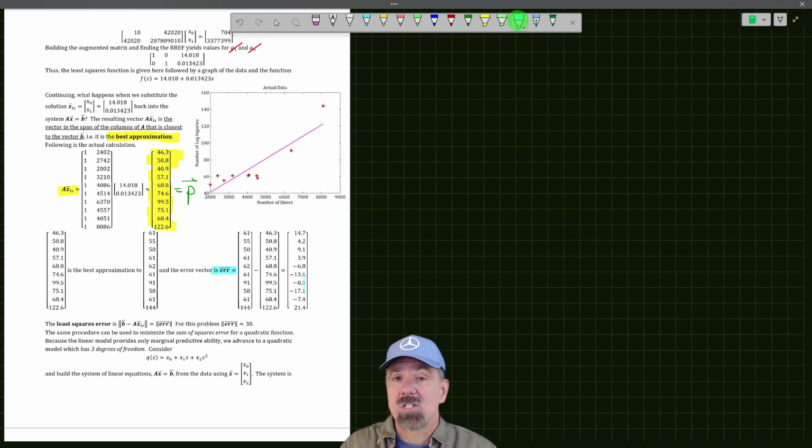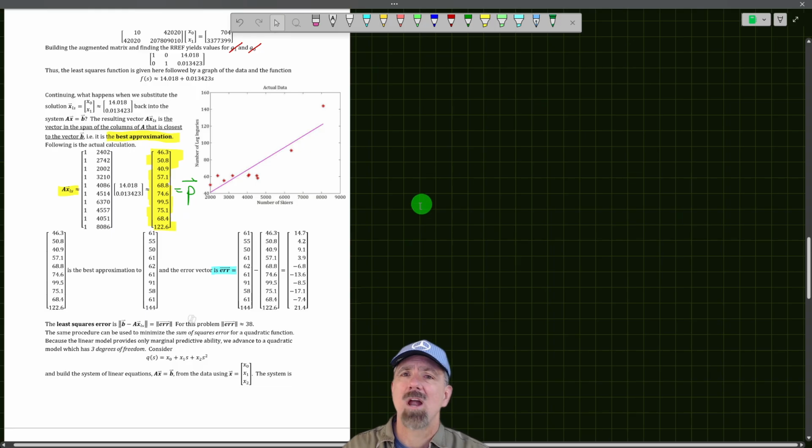One of them, of course, is the magnitude, because the magnitude of this vector is the least squares error. The other thing that we're oftentimes interested in is trying to locate where the biggest discrepancy is. Where is our model doing the worst job of predicting? And we can see here it's this last data point. This gap is larger than any of the other gaps along here, with a 21.4.